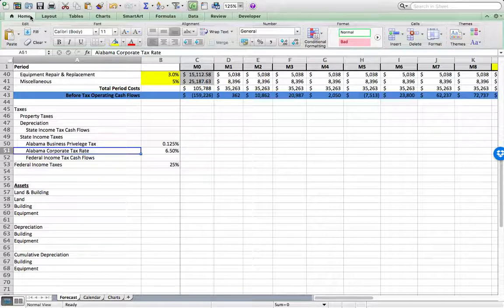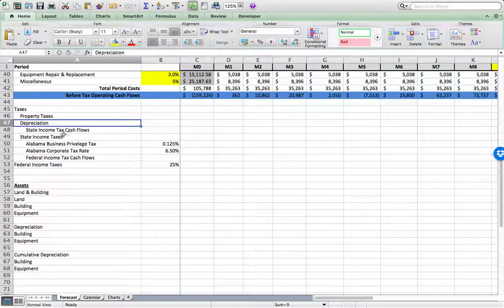So basically what we're going to start out with is thinking in terms of the kinds of taxes that we might be subject to for this business. We said we would buy property, so we'll have a property tax. We are going to have depreciation on the land and equipment that we use, so we're going to have to figure out what those are.